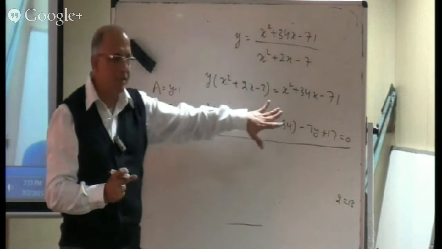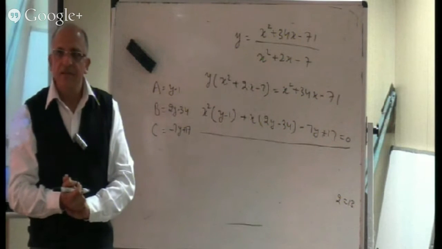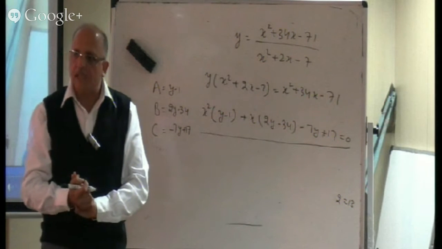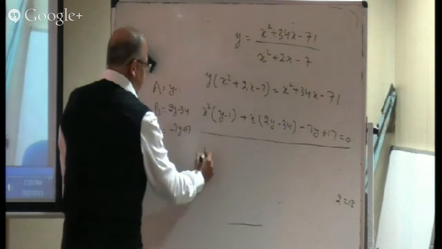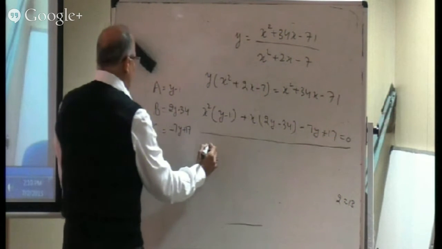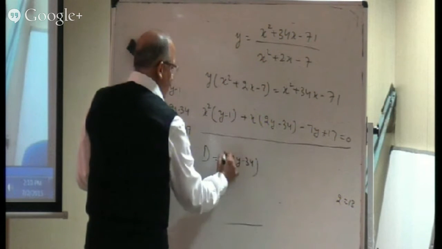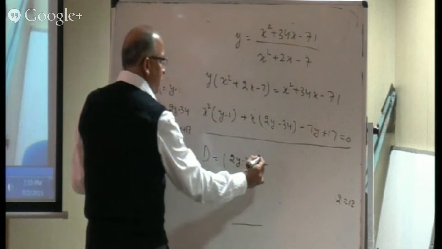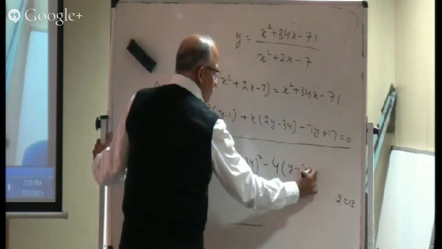That means x must satisfy this quadratic equation, and therefore for x to have real values, the discriminant of this should be 0 or greater than 0. So D is b square, which is 2y minus 34 whole square, minus 4 into a into c.